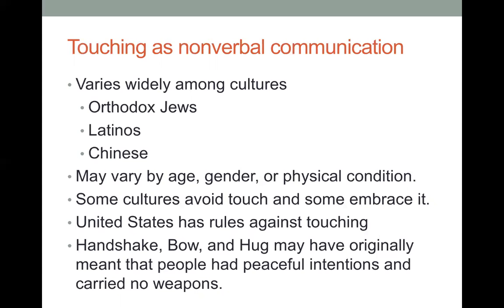This can also change based on age, gender, etc. For example, the type of touch that might be expected or accepted between an adult and a young child might be different than between two adults. In the US, we ban touch for the most part.